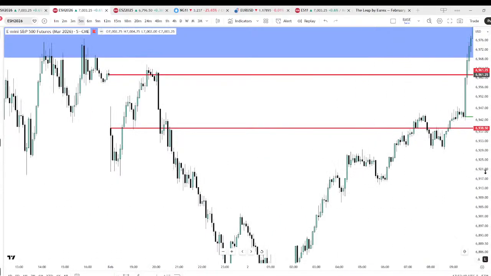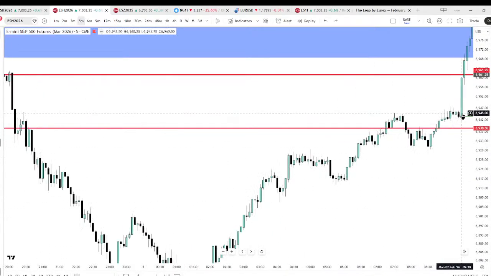And so our 9:30 open occurred inside of that gap.